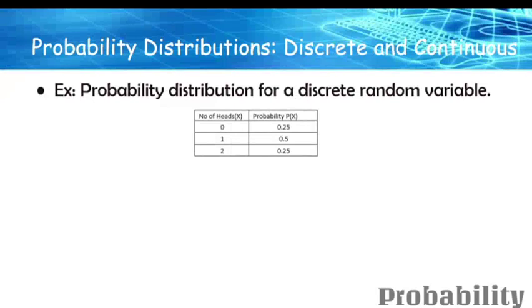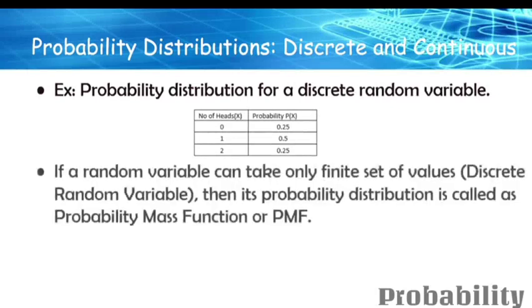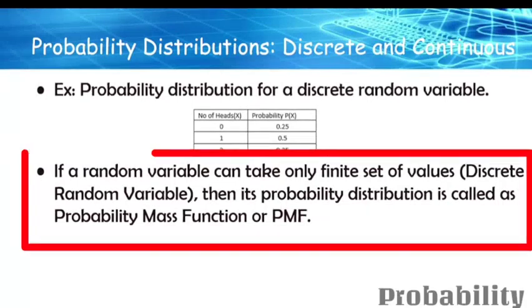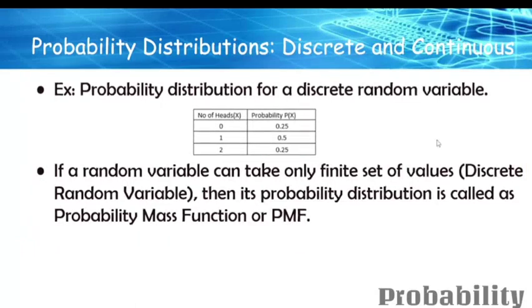If a random variable can take only a finite set of values, it is a discrete random variable, and its probability distribution is called the probability mass function, or PMF.